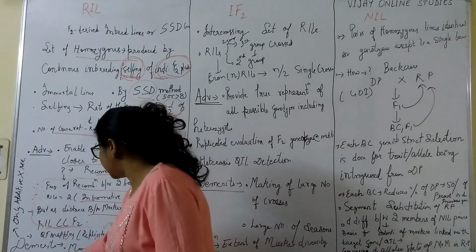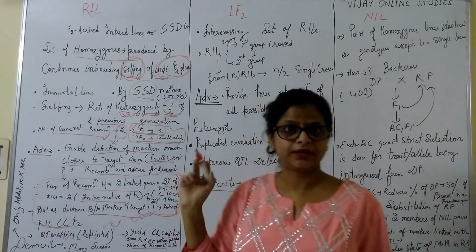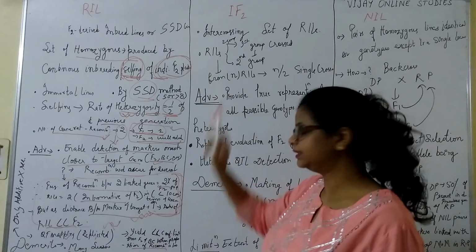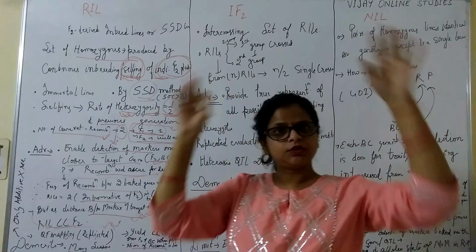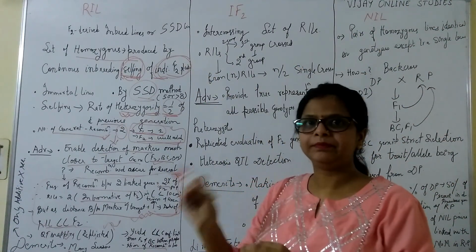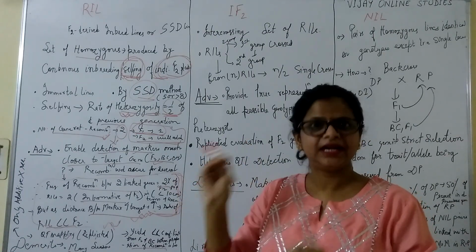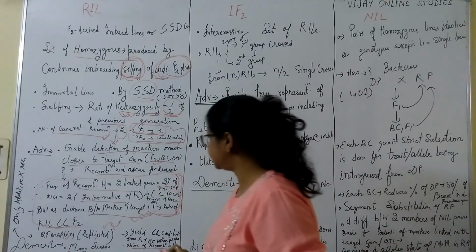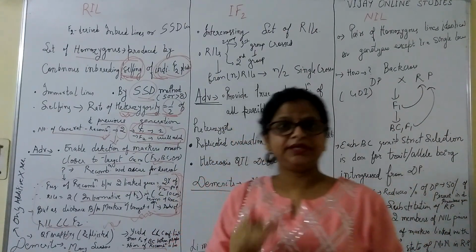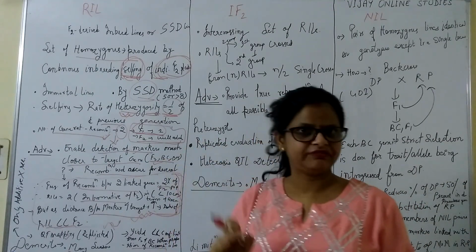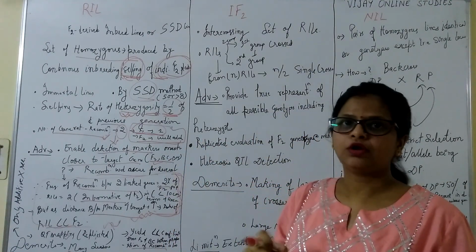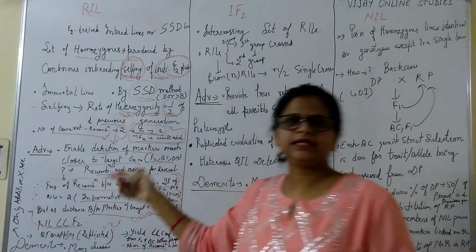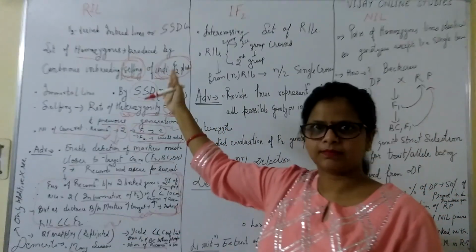Then residual heterozygosity is associated with it, as I already told you in the previous lecture. For most crops it is difficult to go for inbreeding when they have a very high level of inbreeding depression. This is also a disadvantage. And it permits detection only of the additive component of genetic variance, not the heterotic and other components. So these are the advantages, disadvantages, and some basics about RILs.